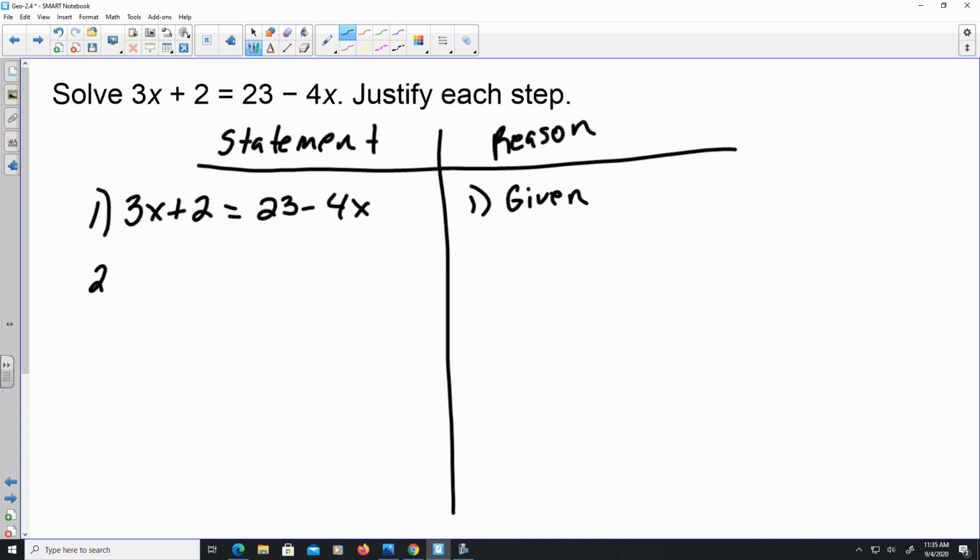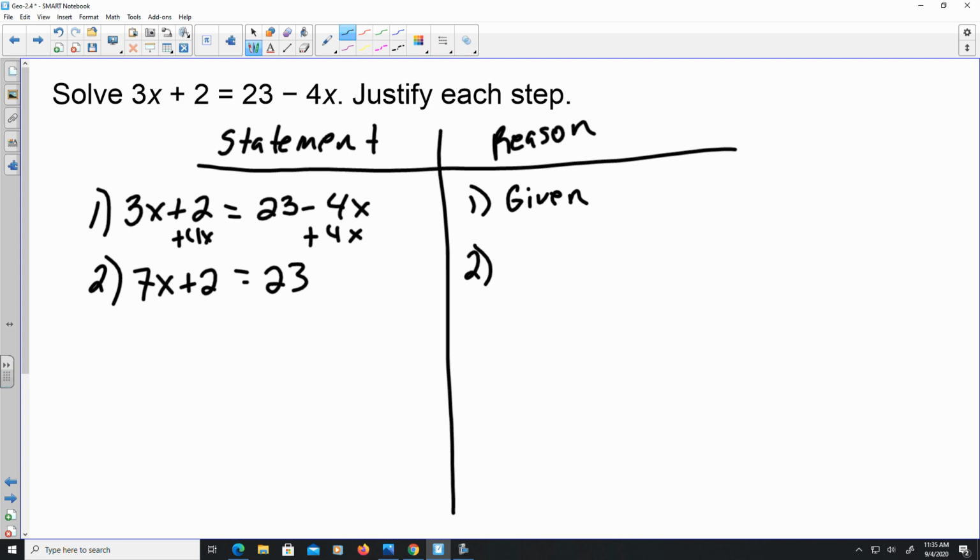Now, the second thing is depending on what you want to do, I'm going to add 4x to both sides. So when I do that, this one's going to be 7x plus 2 is equal to 23.